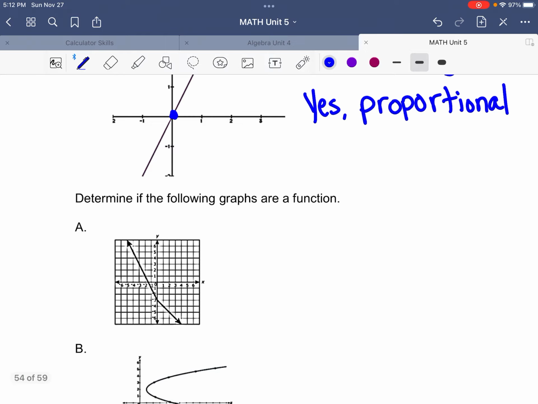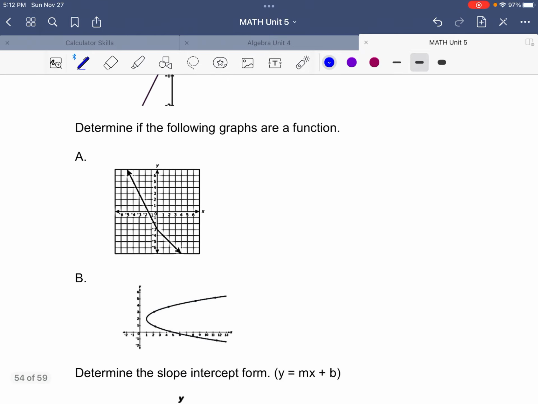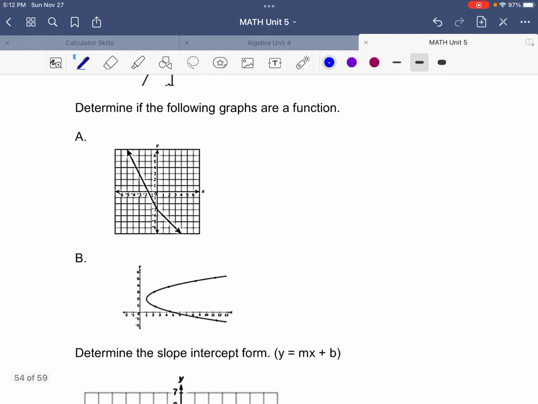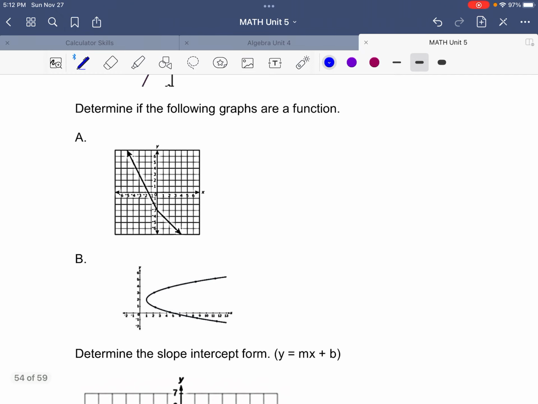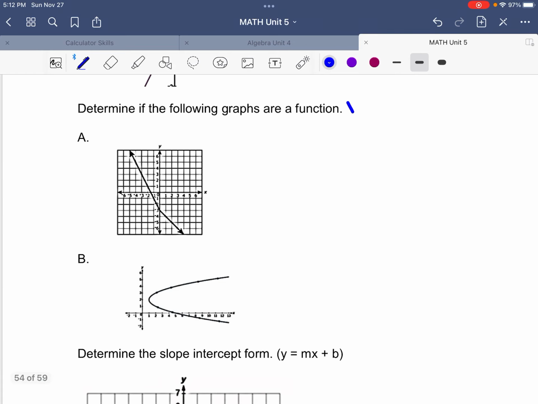All right, next, determine if the following graphs are a function. Remember, you can do the vertical line test to tell if it's a function. The vertical line test just means if you are able to draw a vertical line, up and down, through the graph at any point and it touches more than one part of the graph, then it is not a function.